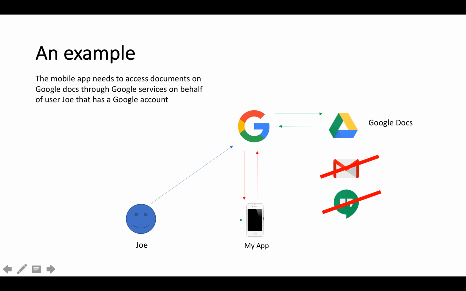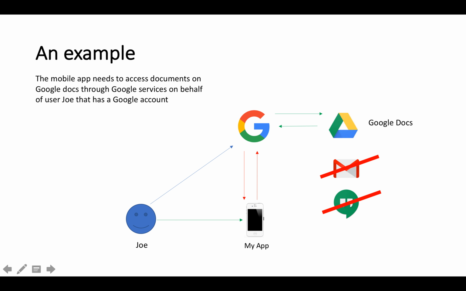This application is able to retrieve some information that Joe has on Google Docs. So, using OAuth, Joe will authorize this tax application to consume only the services and the documents that he has on Google Docs.